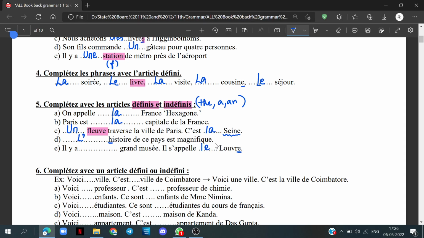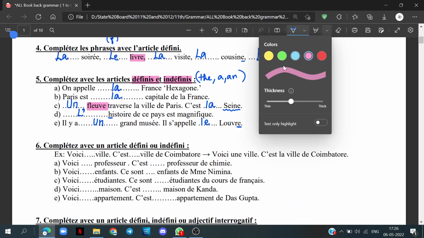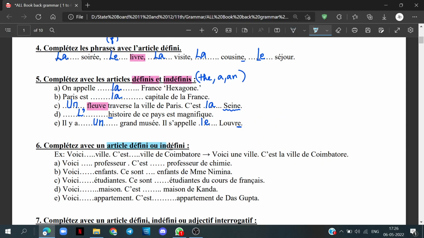When we talk about any specific name, then we use the definite article. So this is a very important exercise because it has both the definite article and the indefinite article. So the next exercise, which is similar to that, is another one here. Same thing, which is definite or indefinite article.